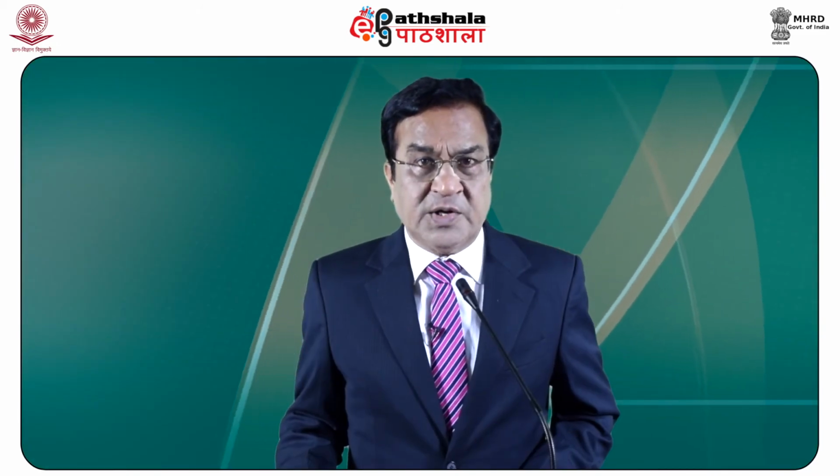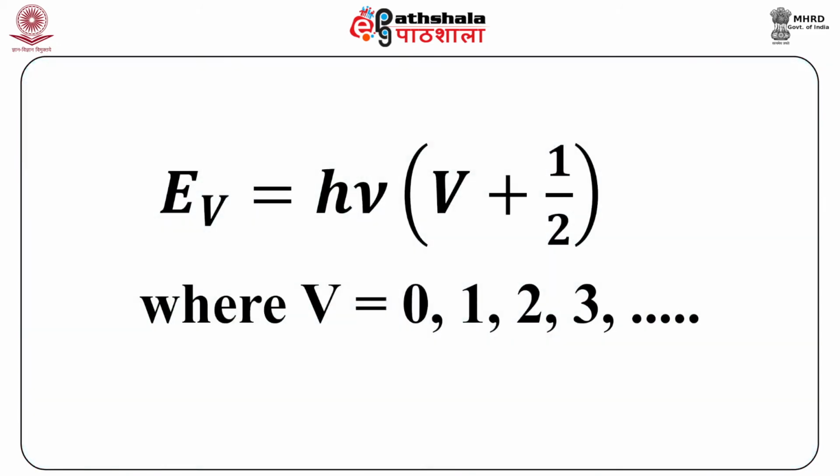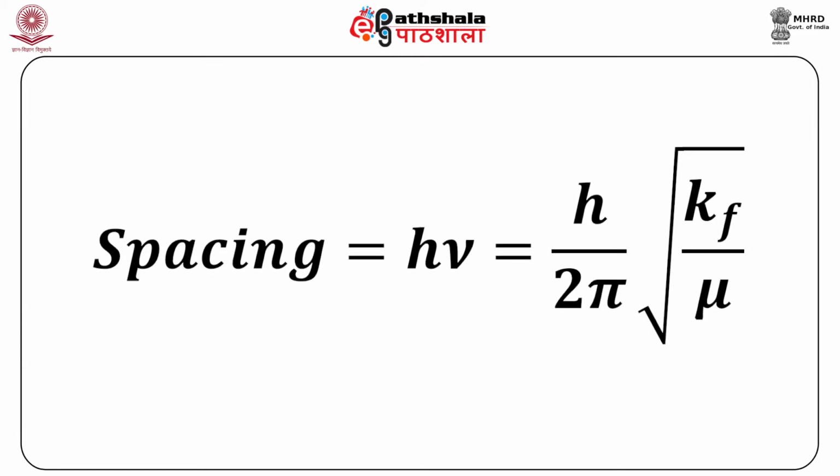Now, in a harmonic oscillator, if you look at the energy expression, you will notice that as one goes from v equal to 0 to 1 to 2, the energy levels are equally spaced and the spacing is equal to h nu, that means h upon 2 pi times the square root of k_f upon mu.